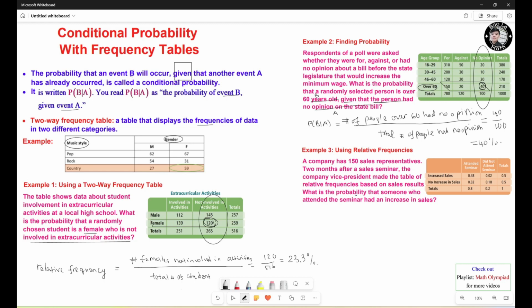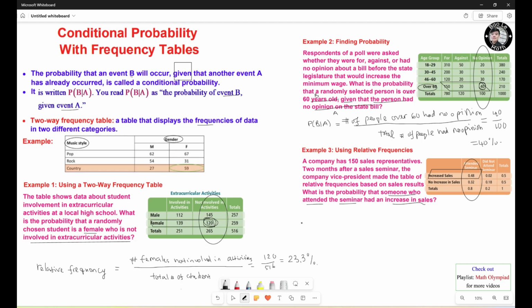What is the probability that someone who attended the seminar had an increase in sales? So someone who attended the seminar, so this column right here, and had an increase in sales right here.